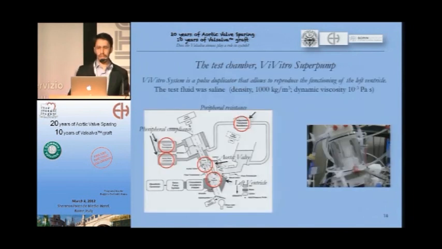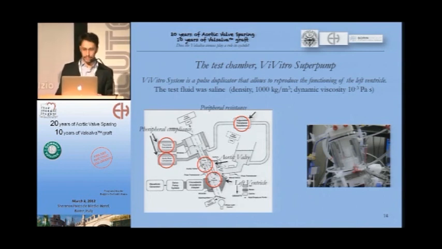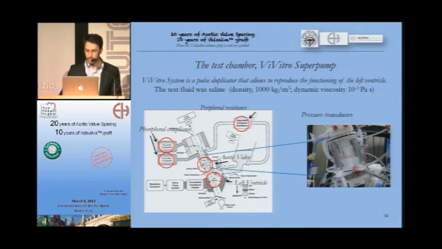Some few words on the pulsatile system that we used. We used a ViVitro Super Pump system that allows us to reproduce the functioning of the left ventricle. You can see on the left some parts of this system: the peripheral resistance, the peripheral compliance, the left ventricle, and the location of the aortic valve.